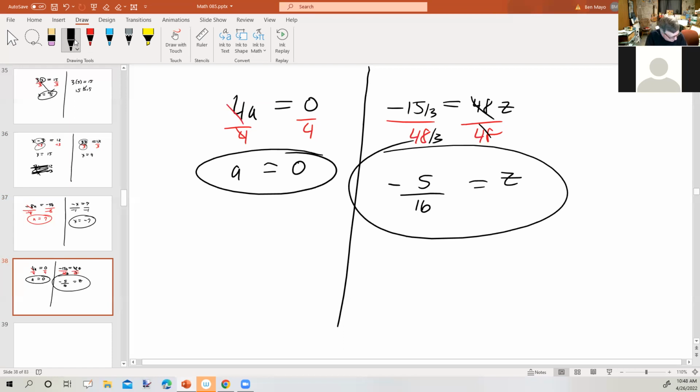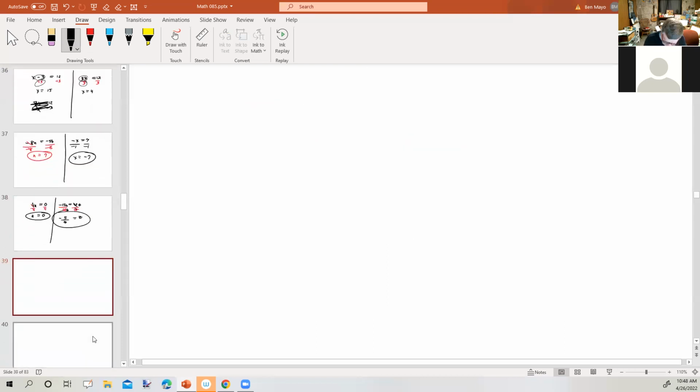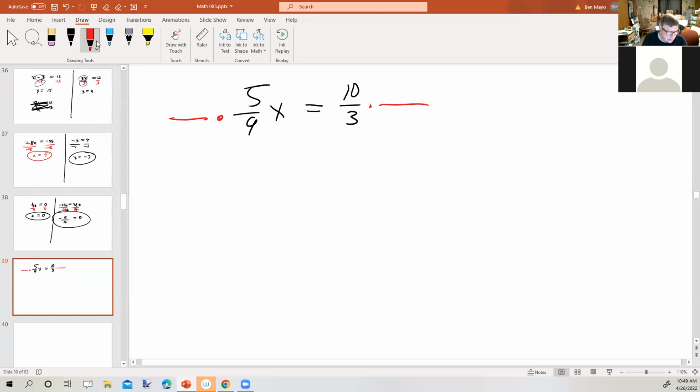All right, give me just a minute here. Let's say we've got 5/9 x equals 10/3. Here, the coefficient of the variable is a fraction. So just like we did with solving proportions, we'll multiply both sides of the equation by the reciprocal of the coefficient of the variable. The variable is x.